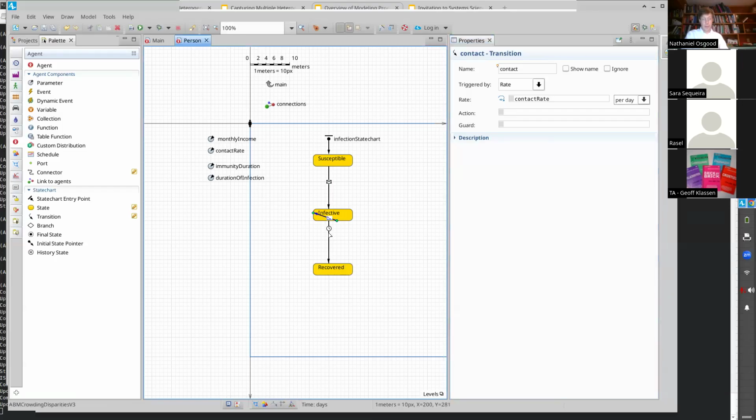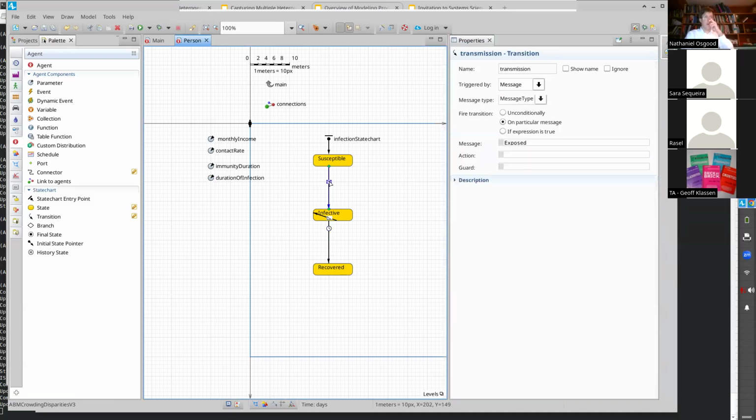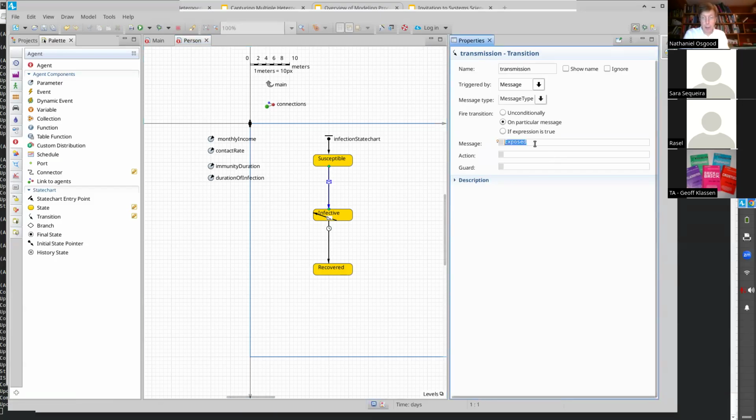And this, you may remember, for this one, the timeout was given by duration of infection. This one is triggered by receiving an exposed message. Again, if I said exposed as a string, it's very subject to mistyping. If I were to send one like that, it wouldn't recognize it as this. If I forget to put in the exclamation point, it won't recognize it.